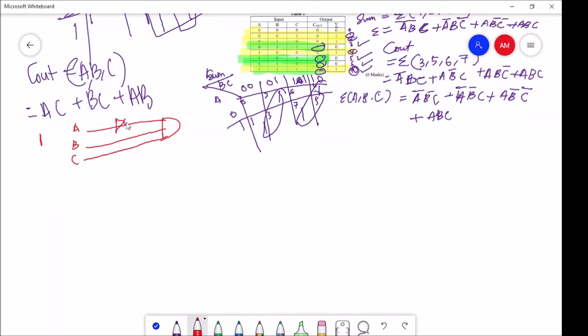And then for an inverter circuit, put the NOT, the inverter, so that the value will be A naught and B naught. I'm just gonna write it there so I know what to draw.